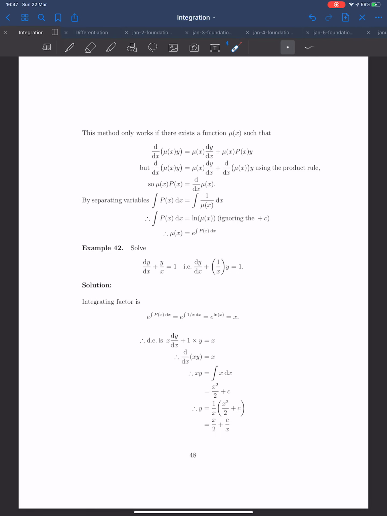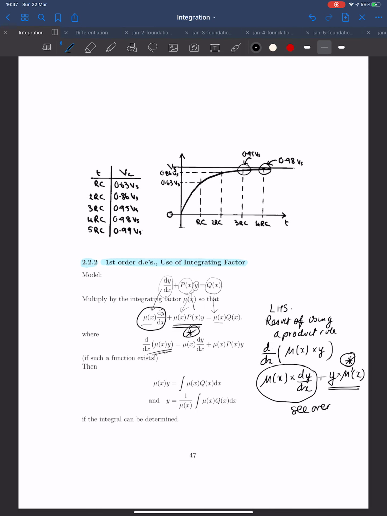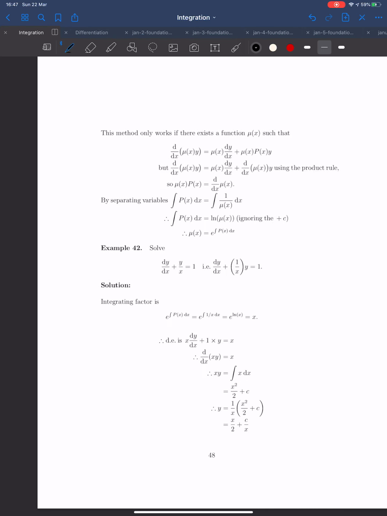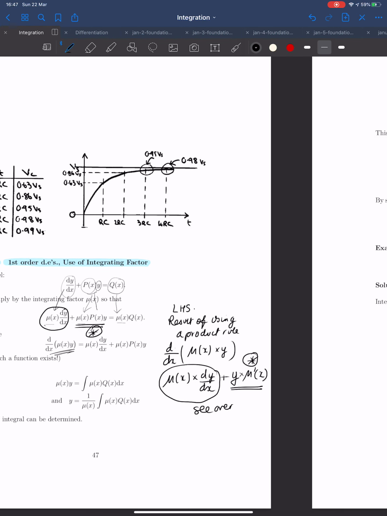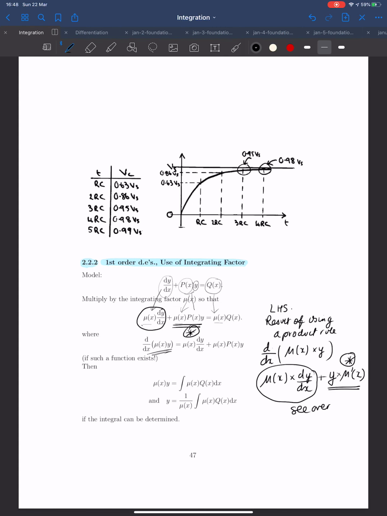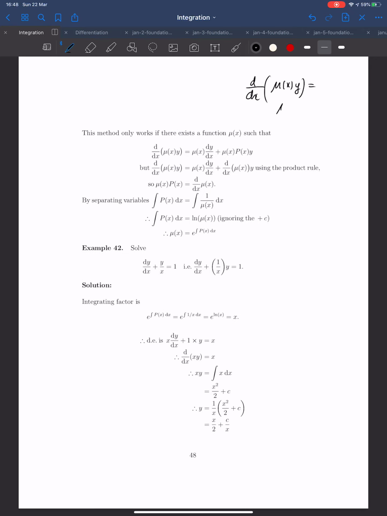So this method only works if there exists a function mu such that d by dx of mu x times y is mu x times the original left-hand side. I'm going to write this bit down now. D by dx of mu x times y has to be equal to mu x dy by dx.